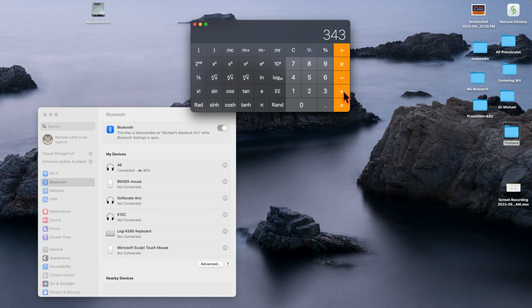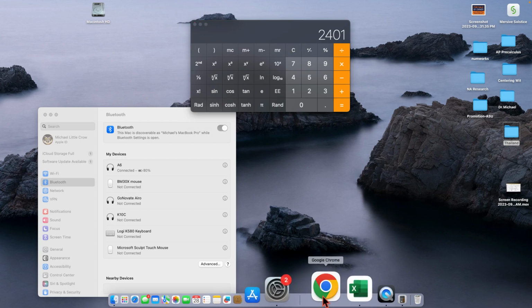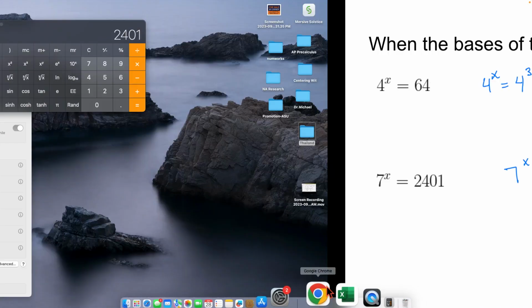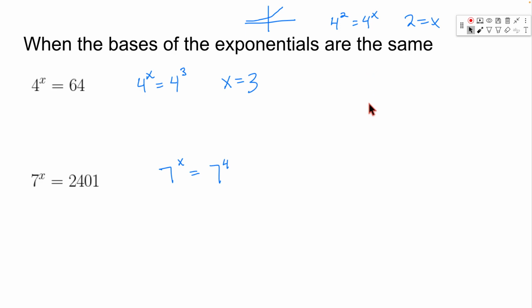That's not it, but you start to see this, and then if we do it one more time, 2,401. You have to keep track of it. There we go. And so our answer, x equals 4. The exponents are equal. That's all we have to do.